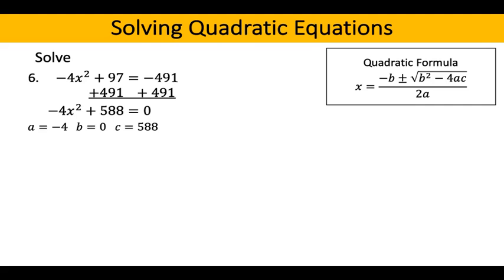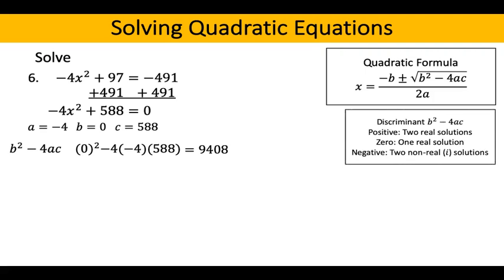Let's evaluate the discriminant. So b squared minus 4ac, plugging in 0 squared minus 4 times negative 4 times 588. When we found that value, it's 9,408. So if you'll recall, if that discriminant is positive, we will have two real solutions.